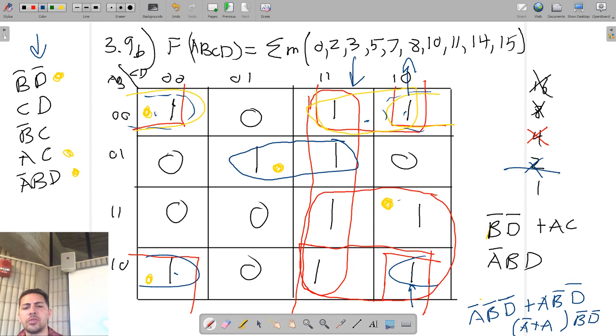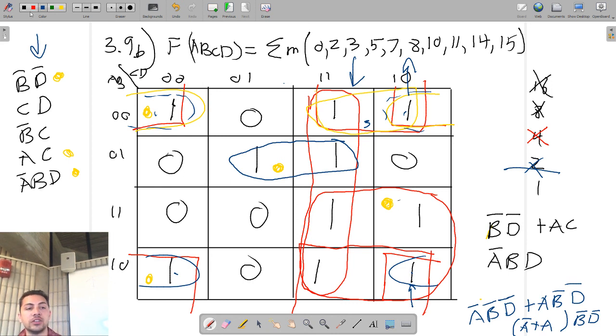You're talking about minterm 3 here? Yeah. Why did I not include that in? Because it's not essential. Even though you need it to fully simplify, this is not the answer to F of A, B, C, D. It's only the essentials. And that's what the question is. It didn't say simplify. It said find the essential ones.